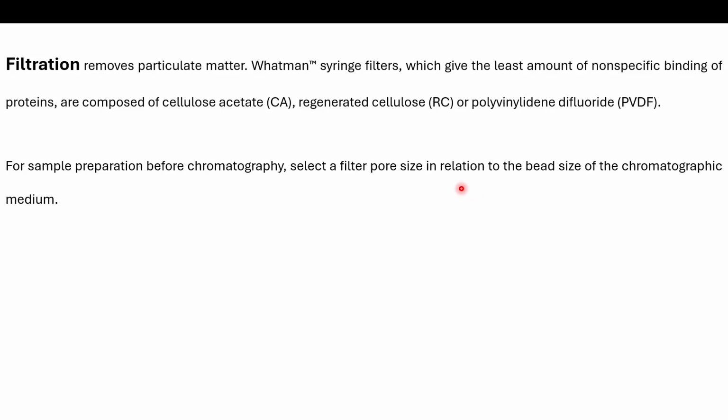This applies to all types of chromatographic techniques. If something is interacting with the bead, or with the pores in the case of SEC, that will ultimately hamper the packing of the resin and the movement of your sample of interest through the column or matrix. So we have to be mindful while selecting a pore size for filtration.